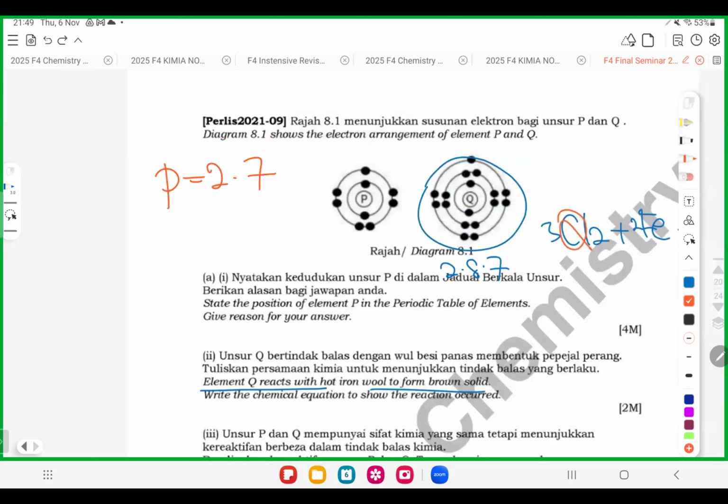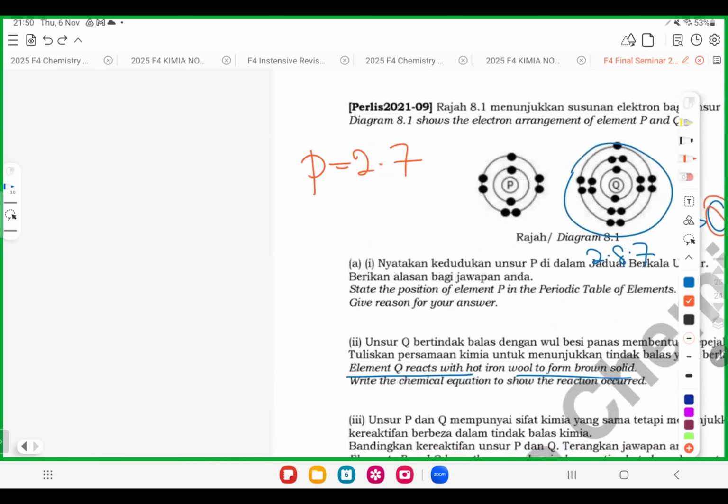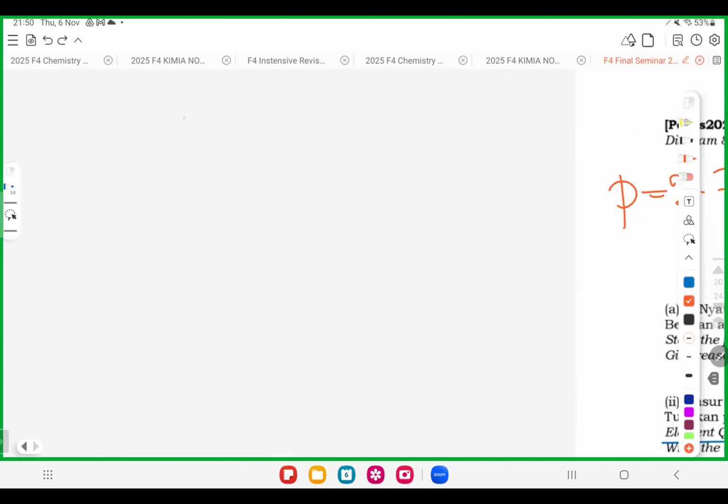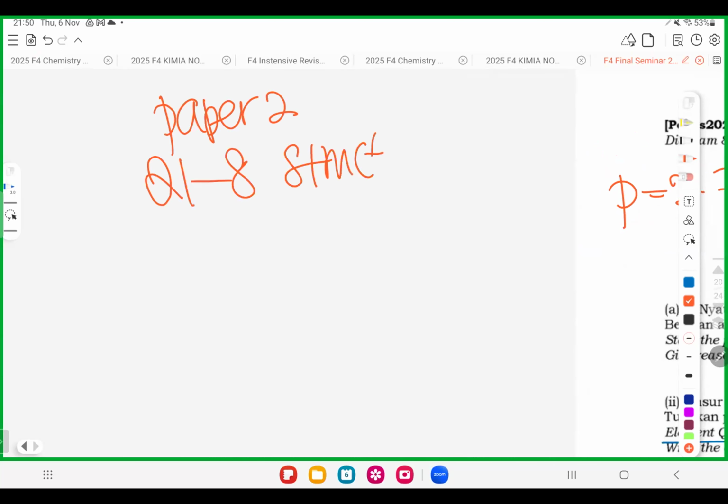Now, first and foremost, many schools say that you cannot use point form. The answer is yes and no. If today you are answering your paper 2, question 1 to question 8, we call structure. Question 9 to 11 is called essay.